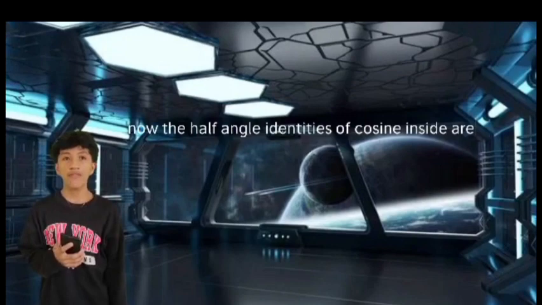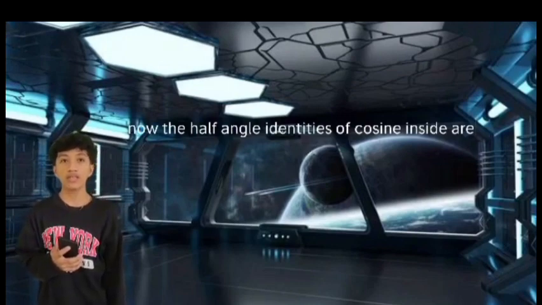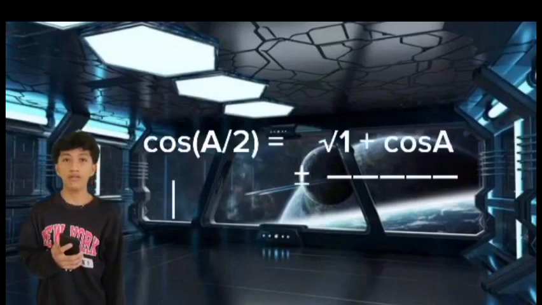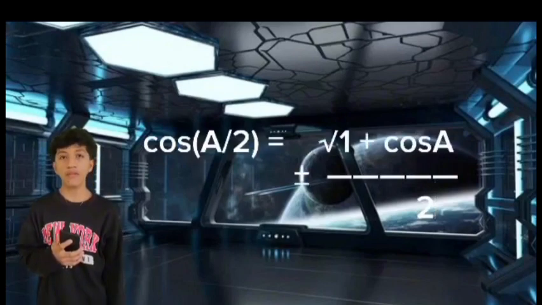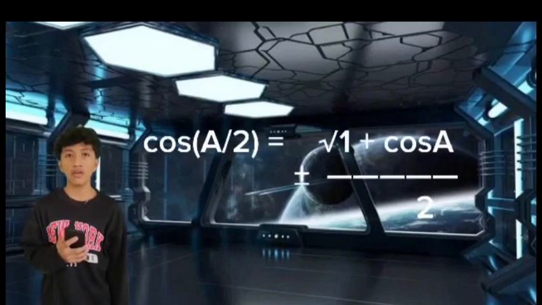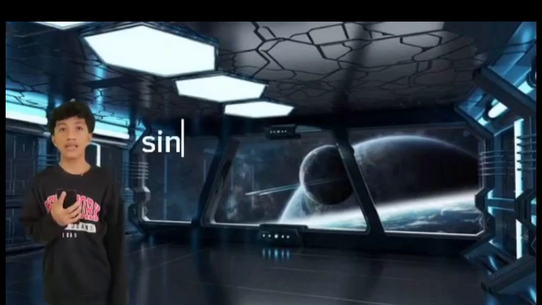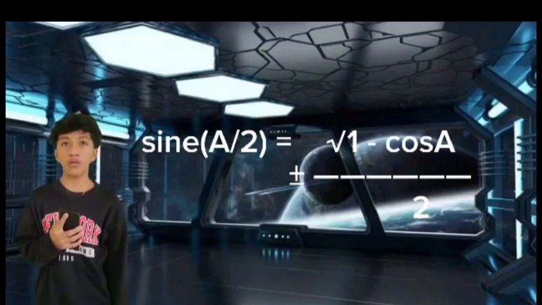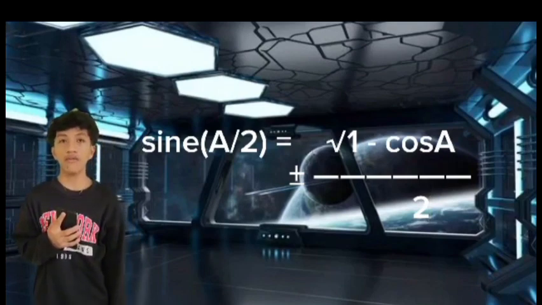Now, the half angle identities of cosine and sine are: cosine (A over 2) equals positive or negative square root of (1 plus cosine A) over 2. Sine (A over 2) equals positive or negative square root of (1 minus cosine A) over 2.